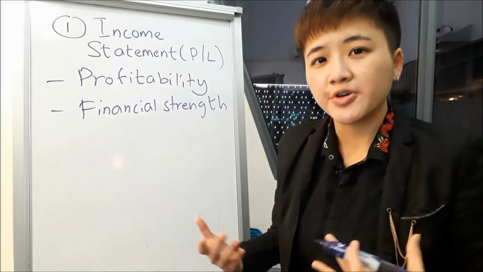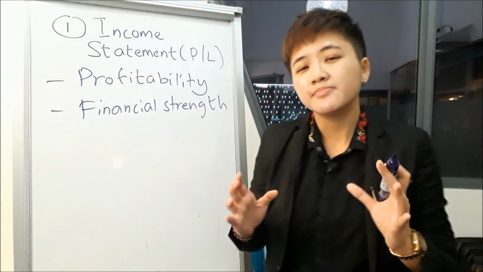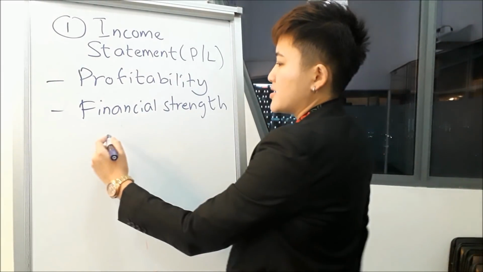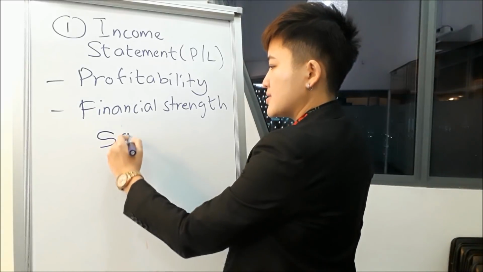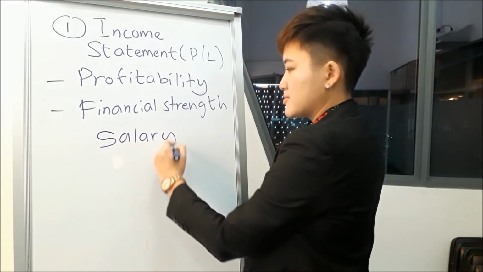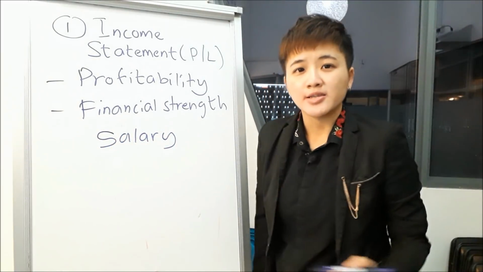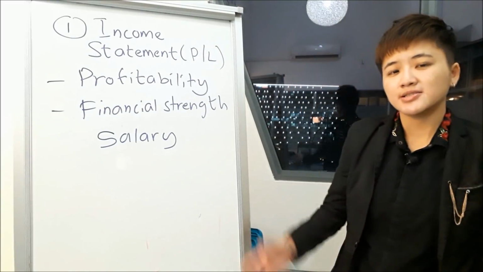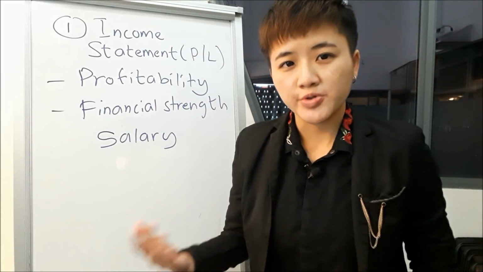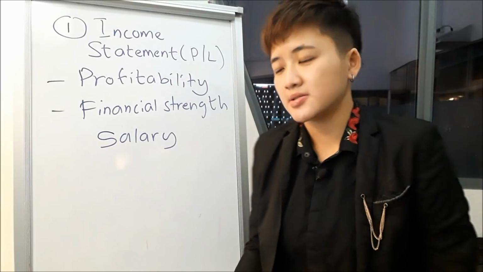If you are to craft your own personal income statement, it might look something like this, okay? You have your salary that's coming in, okay? And then when you got your salary, if that is your only income, you need to use it to pay your expenses.